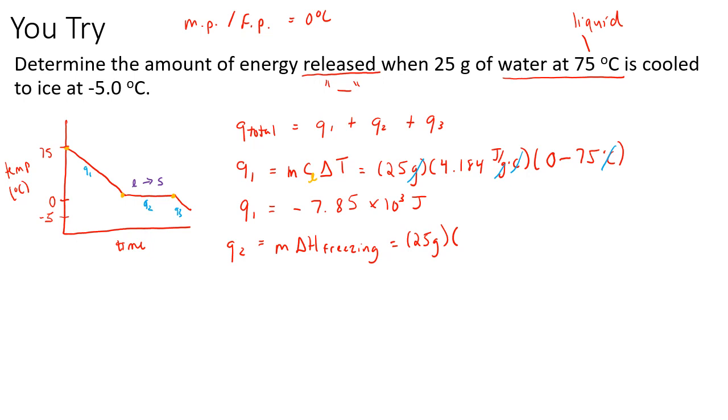The delta H of freezing is going to be the same as the delta H of fusion, which is melting, but it will be the opposite sign. So that'll be -333 joules per gram. Our units of grams will cancel, and Q2 comes out to being -8.33 times 10 to the 3rd joules.